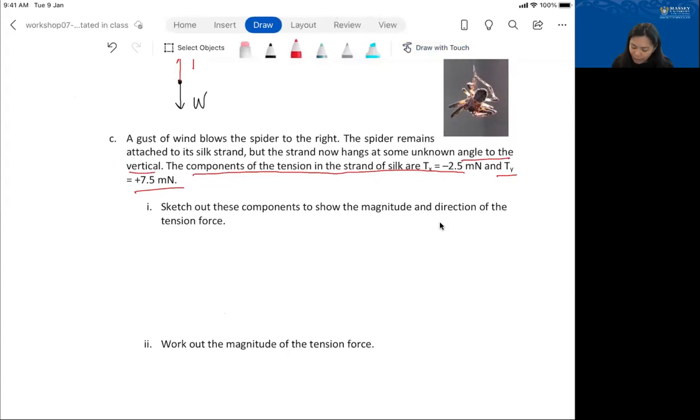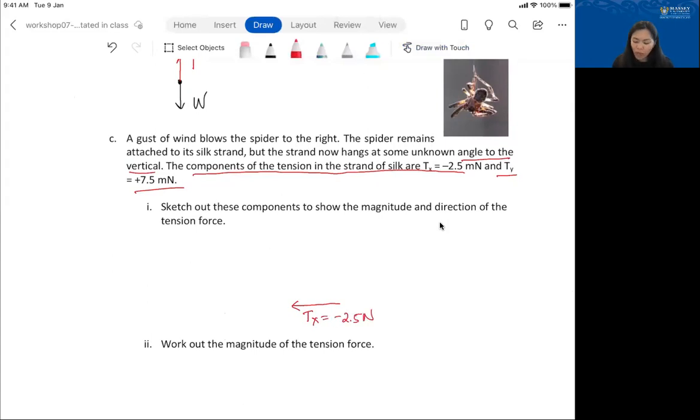Look at the x component, it's negative. A negative x component means it should be directed to the left, so Tx is equal to negative 2.5 newtons.